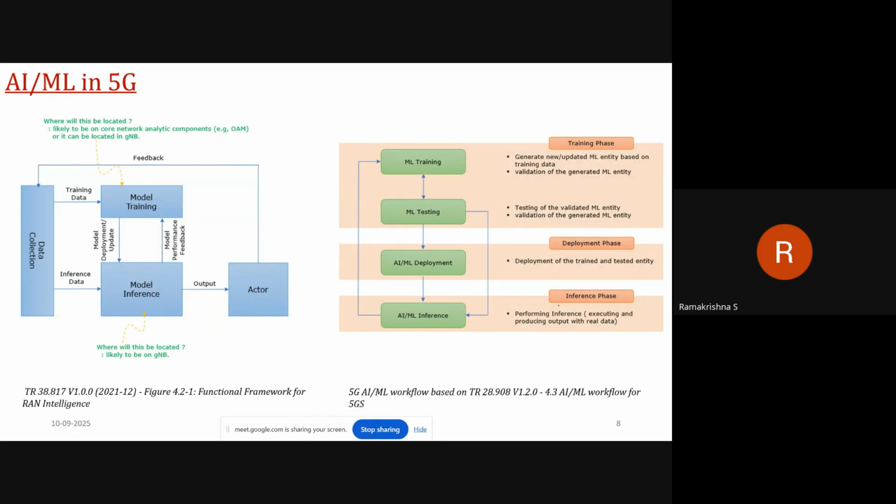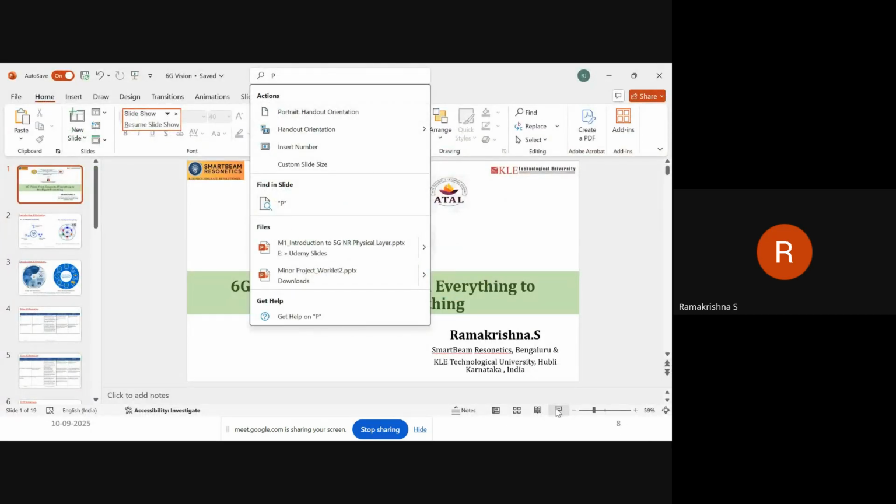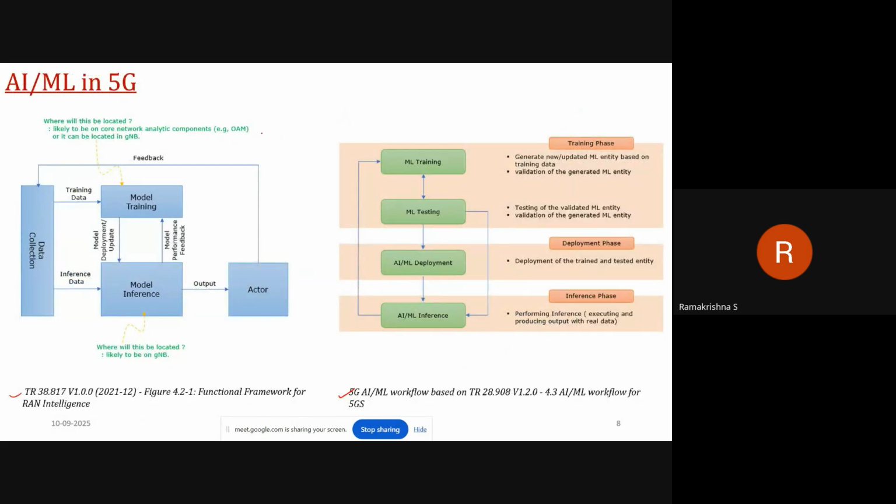Coming to the main thing, how AI, ML, and 5G have been integrated. This has been taken from these references; these two are the references from which I have borrowed. There are four major applications we can bottom-line. First is resource allocation.